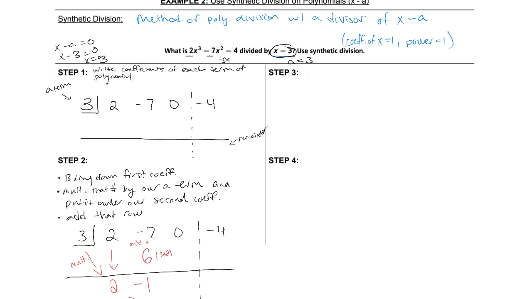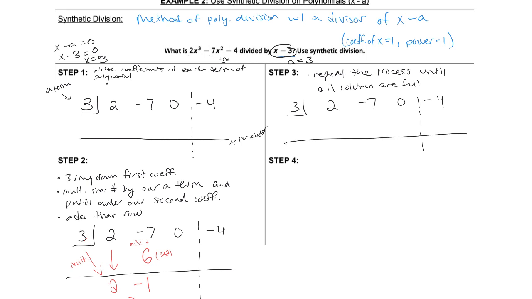Now, step 3 is to repeat the process until all columns are full. So I have my 3, 2, negative 7, 0, negative 4. From the last time we had a 2 here, a 6 here, and a negative 1.